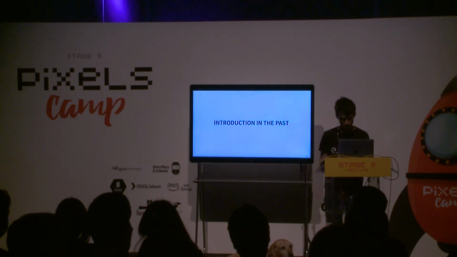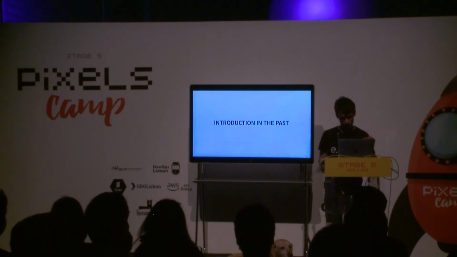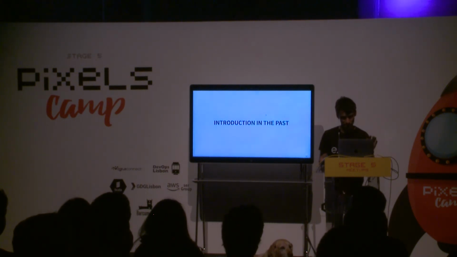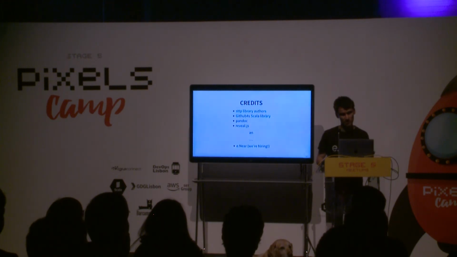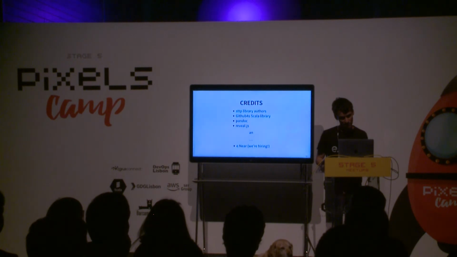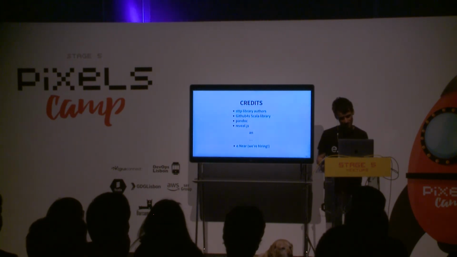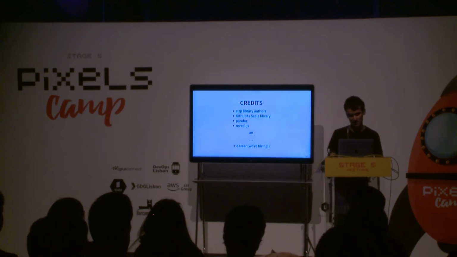It teaches you very good idioms in Scala, and it's not as complex as you might think at first. So credits for this: the STTP authors, GitHub for the library, this Reveal.js slides thing, Pandoc, and .near.